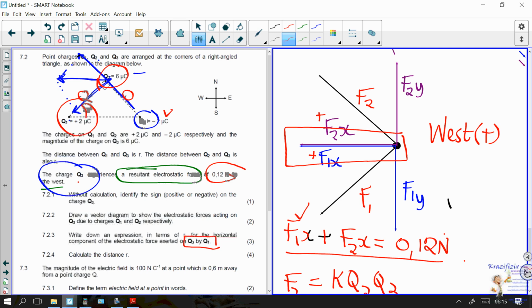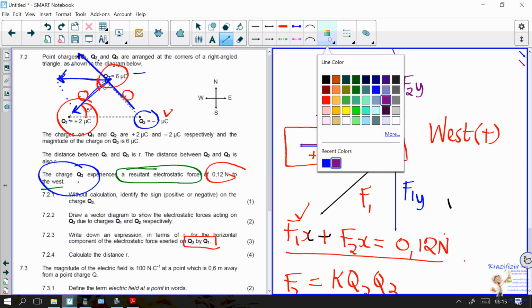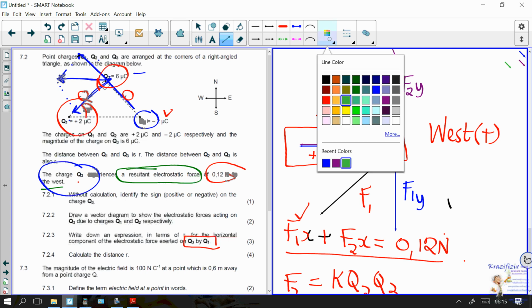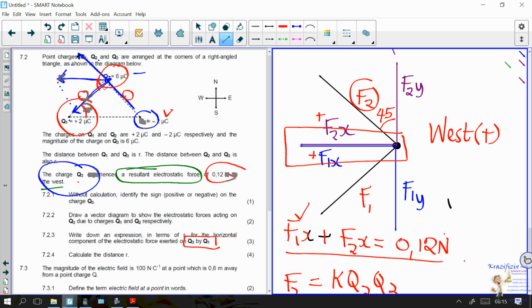Now, if I'm looking for my horizontal, let's just do this so that it's clear for everyone. Let me use something else now. So now that I'm dealing with this, I'm looking for my horizontal component. By the way, let me keep the color code. I'm looking for my horizontal component, which is right here. That's my F2x as well, my F2x.